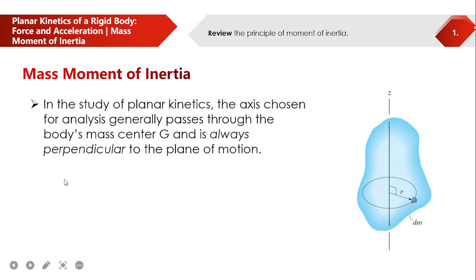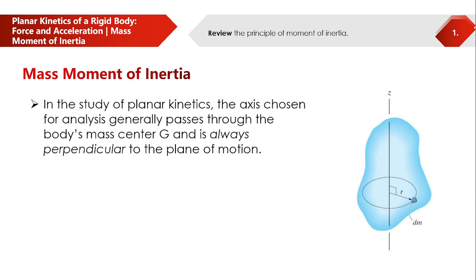Okay? Now, in the study of planar kinetics, the axis chosen for analysis generally passes through the body's mass center G. And remember, it is always perpendicular to the plane of motion.